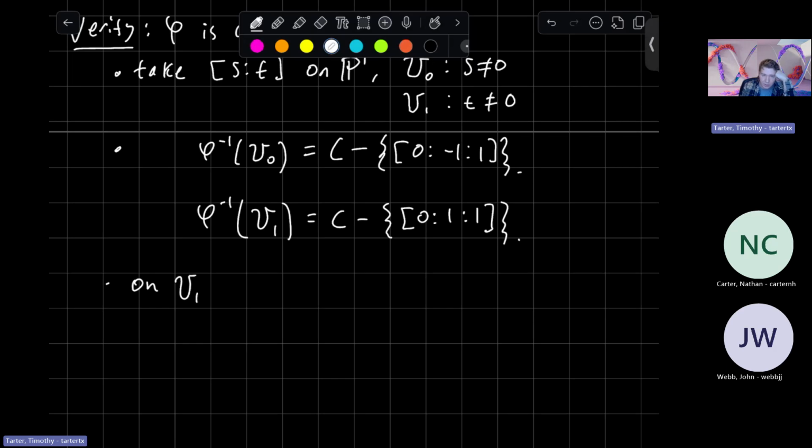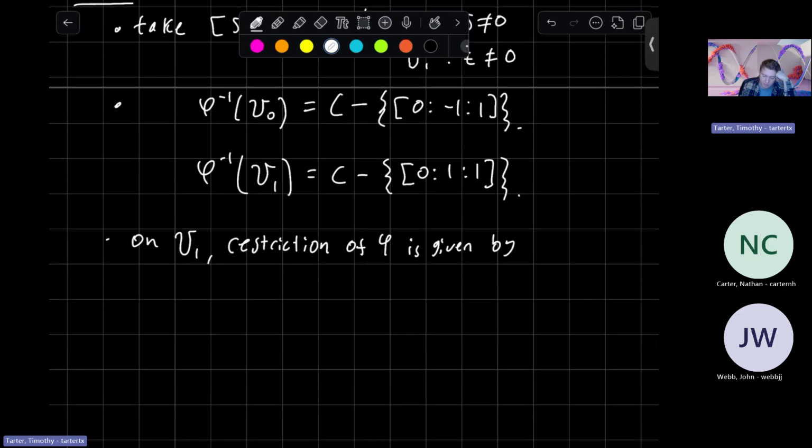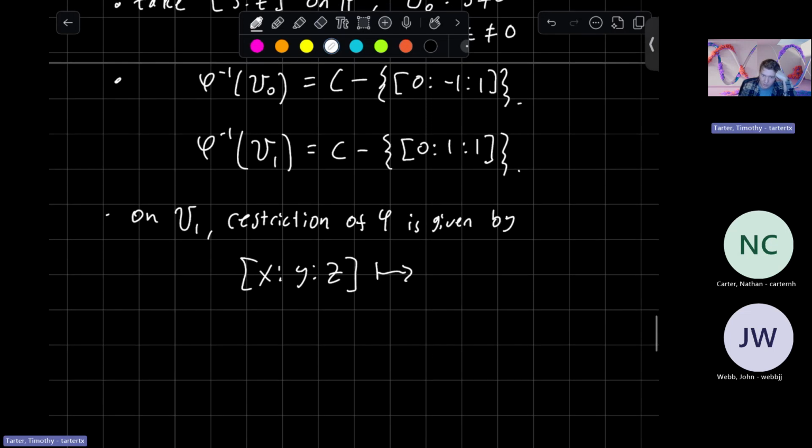So in U1, we get the restriction of phi sends x, y, and z over to x over y minus z, which is s over t, right?